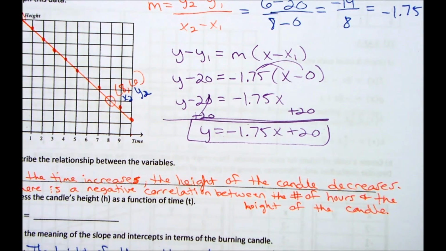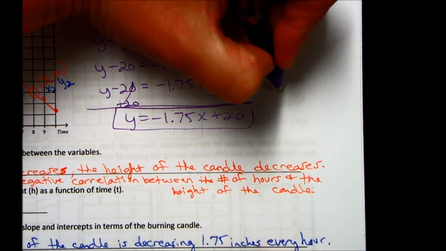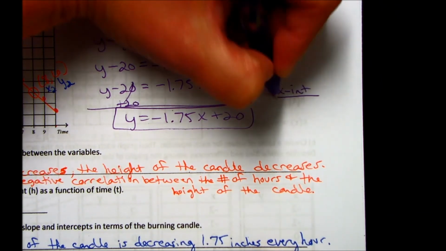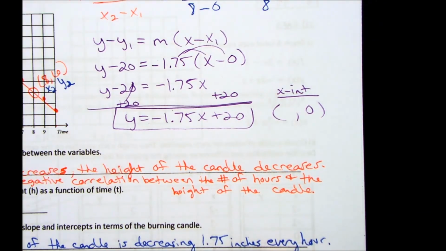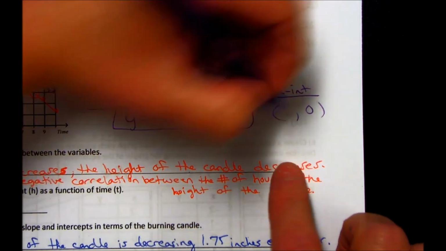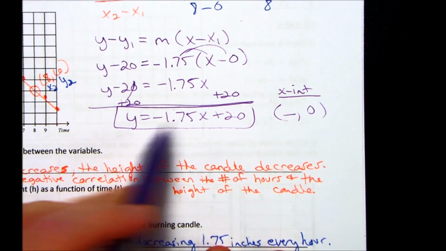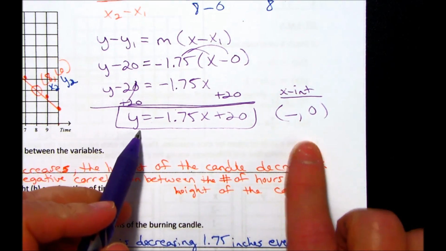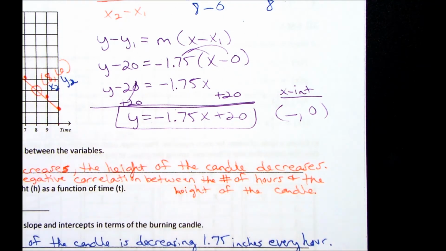All right, but how does that help us find our x-intercept? Well, an x-intercept always has a y-coordinate of 0. So we need to figure out what the x-coordinate is. We can take our equation and put 0 in for y and then solve for x.